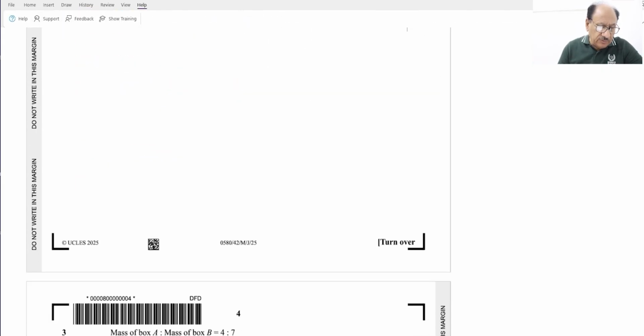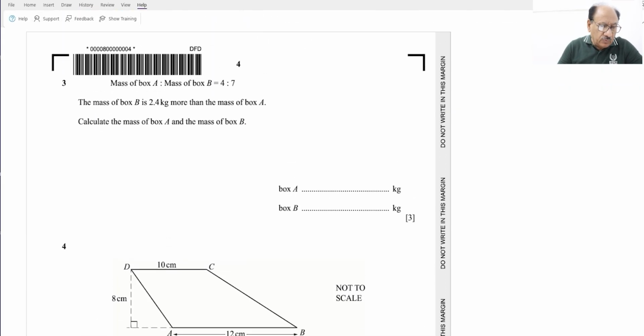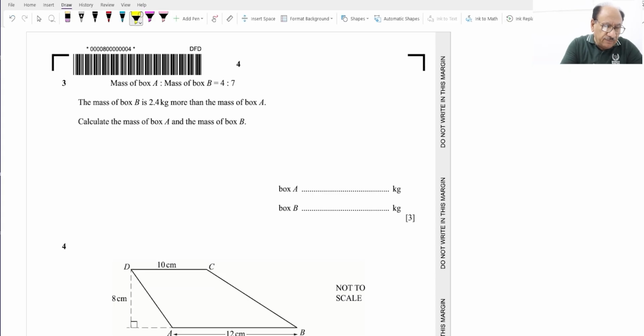Now question number 3 says mass of box A to mass of box B is equal to 4:7. The mass of box B is 2.4 kilogram more than the mass of box A. Calculate the mass of box A and the mass of box B. So we have to form the equation.